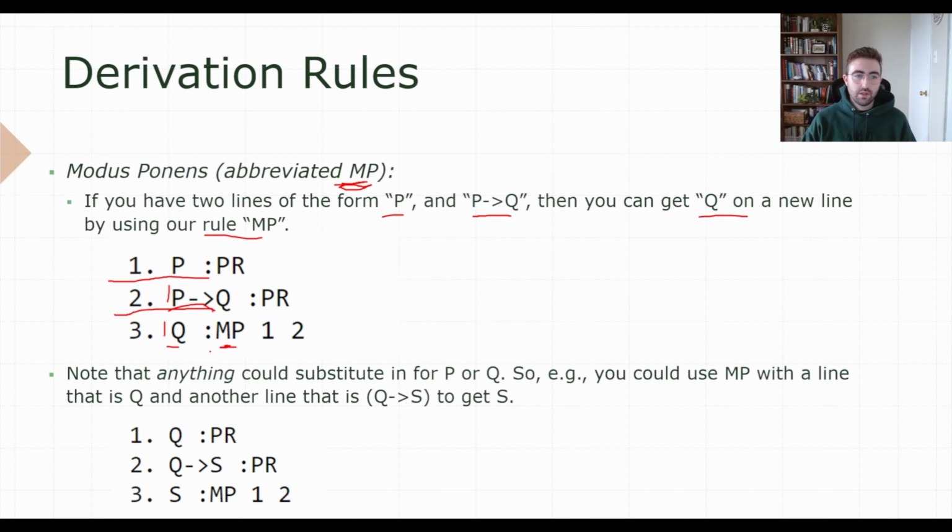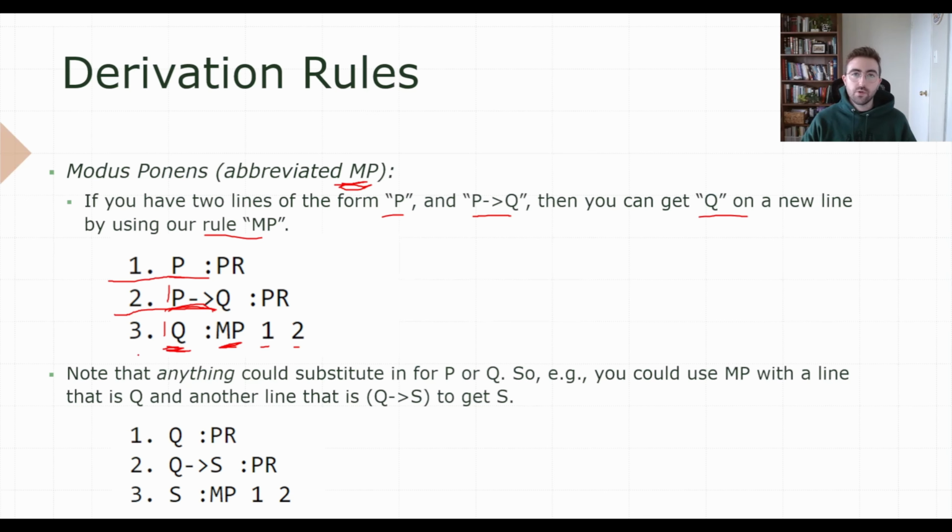In this case, line 3 was gotten by using modus ponens, MP. And how was it used? We used it on line 1 and line 2, because on line 1 we had P, and on line 2 we had if P then Q. When we use modus ponens on those two lines, we can get this new line with Q.